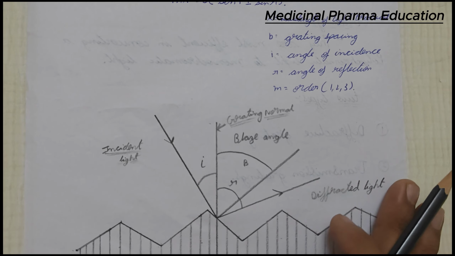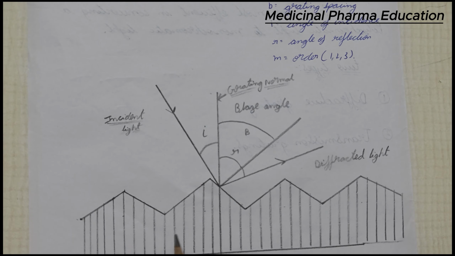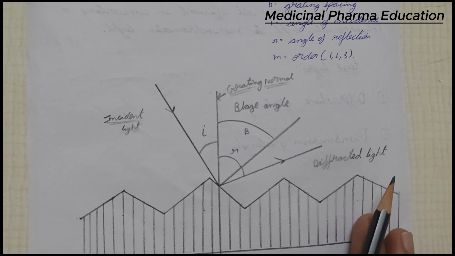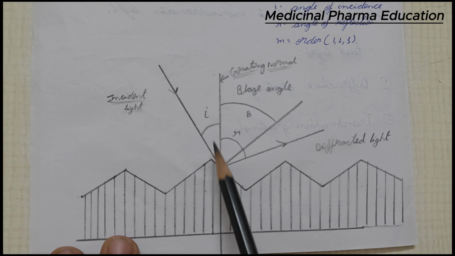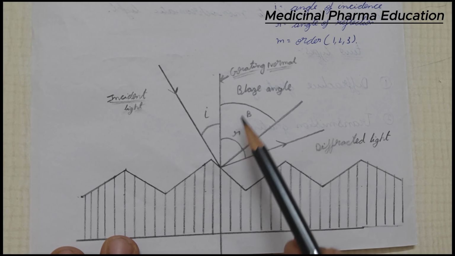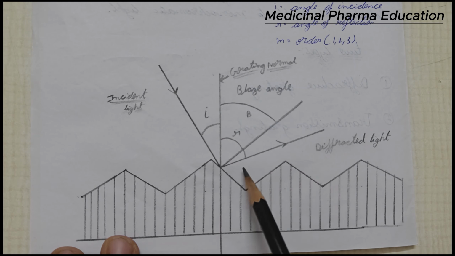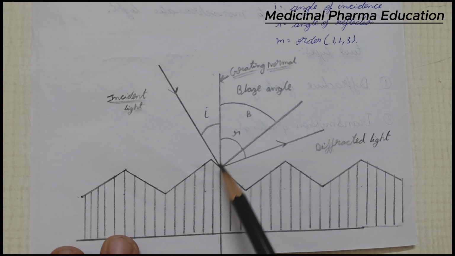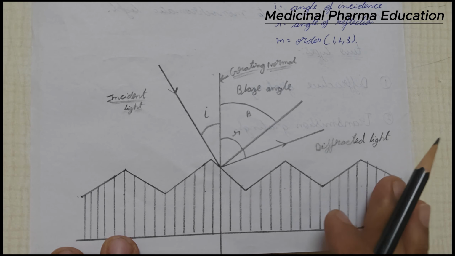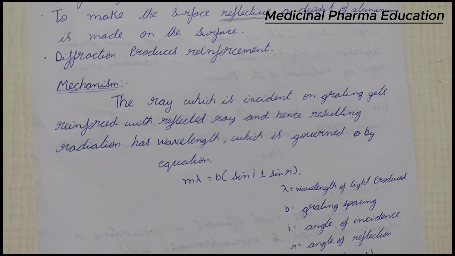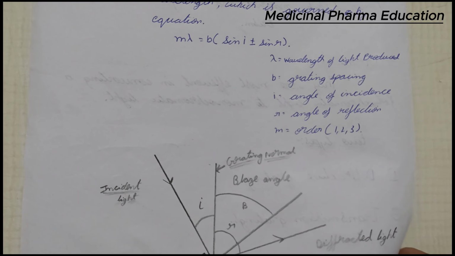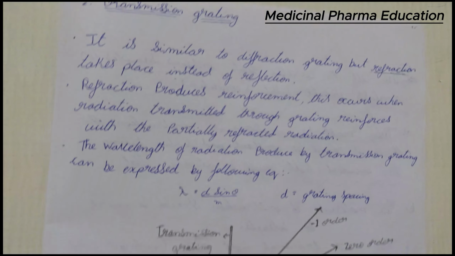We can see in this diagram there are a number of parallel lines coated with silica, and when the light is incident, it is dispersed into different ranges based upon the angle and the intensity. By this the polychromatic light is converted to monochromatic light. This is the basic concept. I think you have understood the concept behind this.